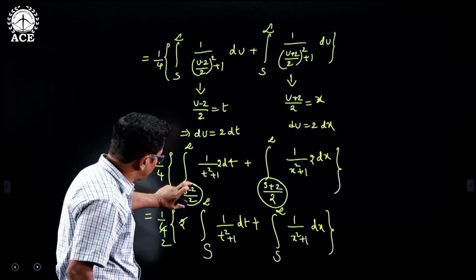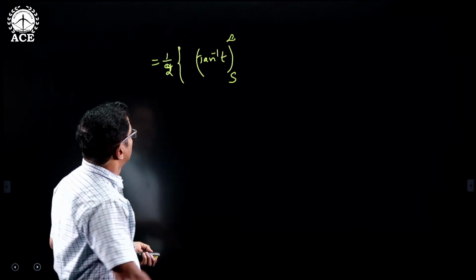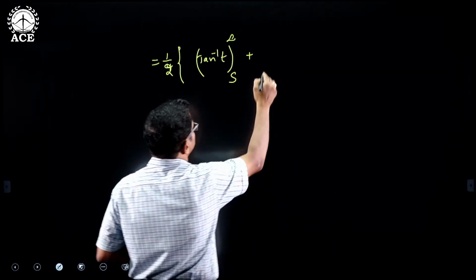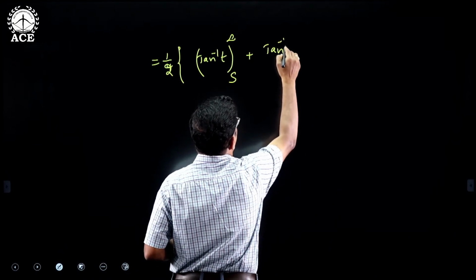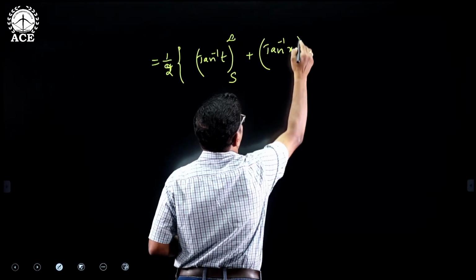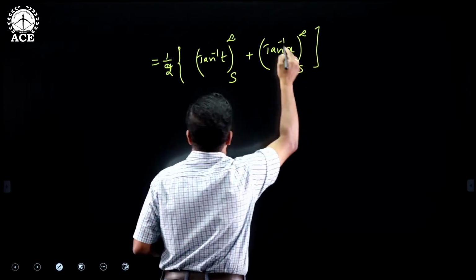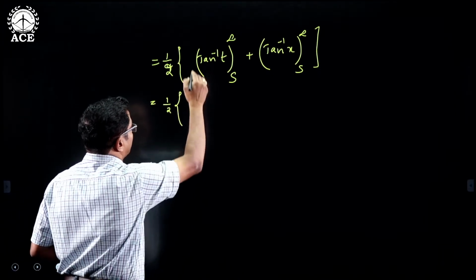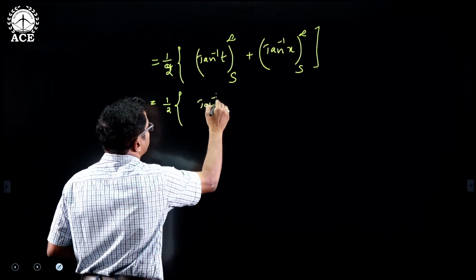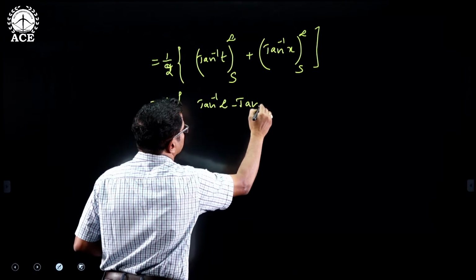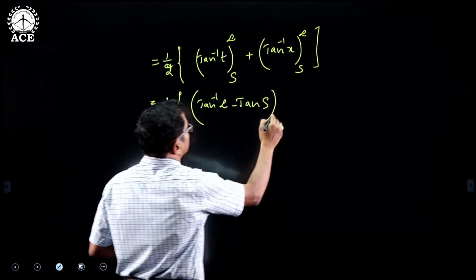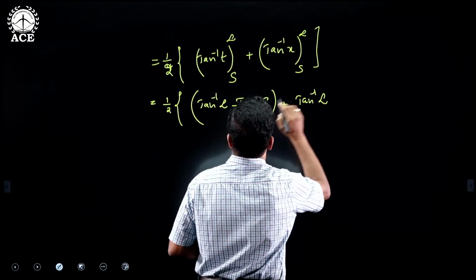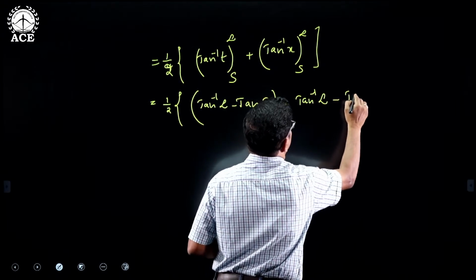So I am just writing (s minus 2) by 2 in terms of s, plus this is tan inverse x, where the limits are s to infinite, which is equal to 1 by 2 into, if I apply the limits, tan inverse infinite minus tan inverse s, plus tan inverse infinite minus tan inverse s.